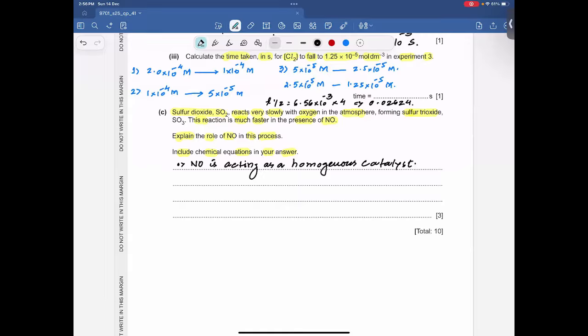So let me write the equations to support my answer. Nitrogen monoxide exists in the atmosphere. Now that atmosphere also contains oxygen. They will react together, converted into nitrogen dioxide gas.